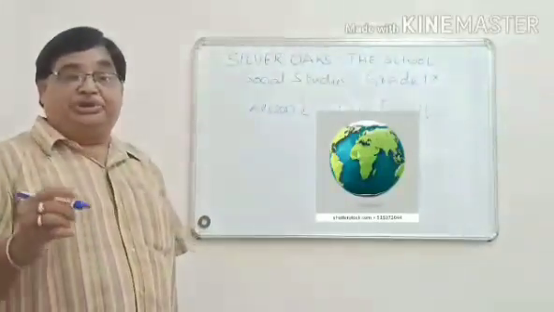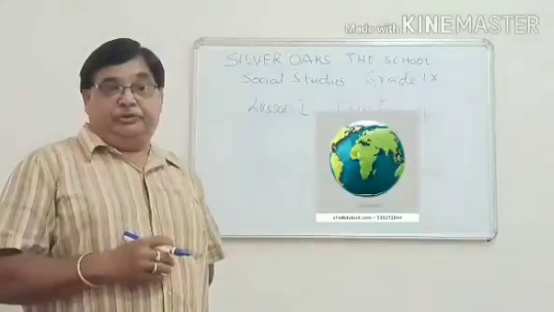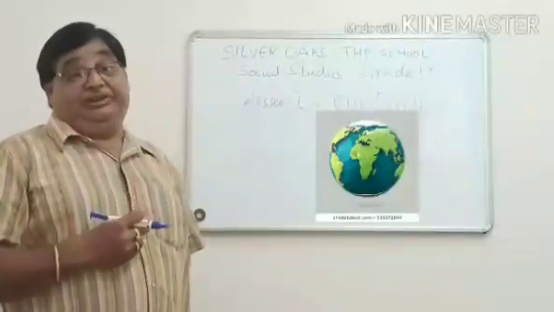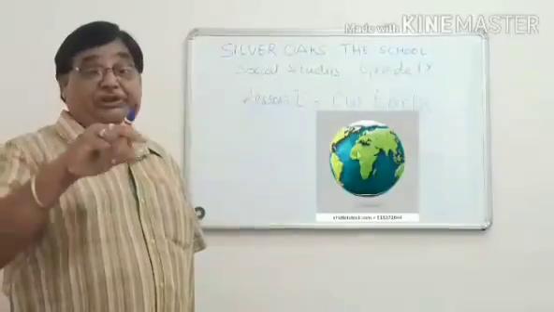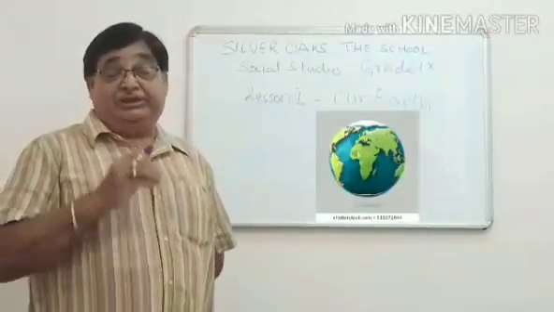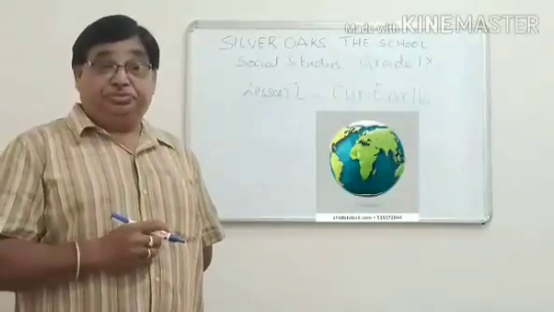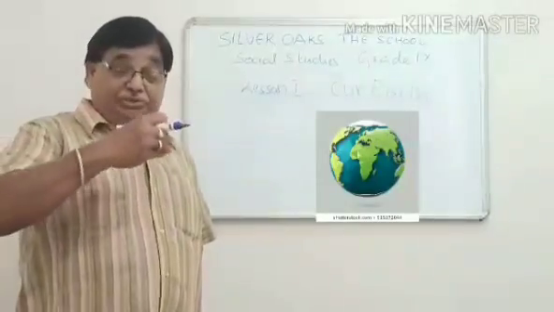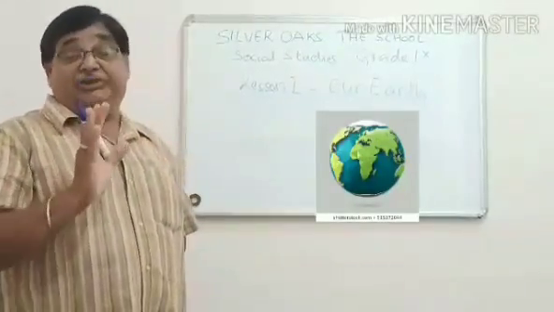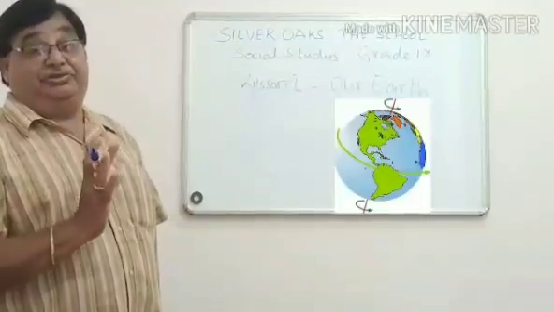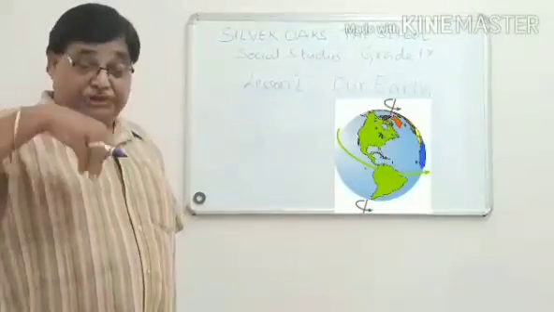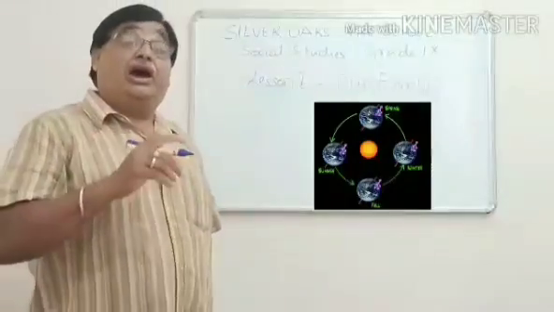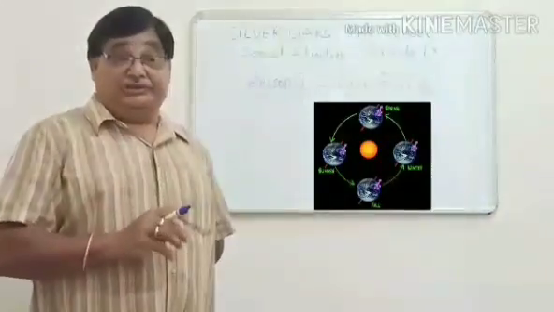You studied about the shape of the earth, rotation of the earth, axis of the earth, and revolution of the earth around the sun in 6th class. You studied about earth and the impact of the inclination of axis of earth, rotation of the earth, and revolution of the earth around the sun in 8th class.